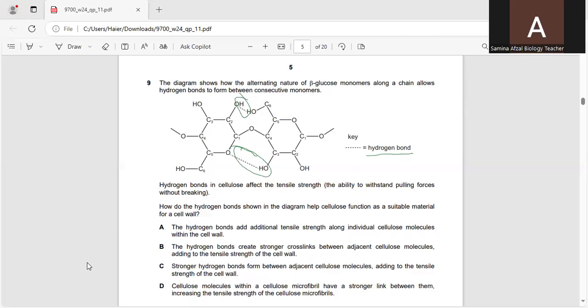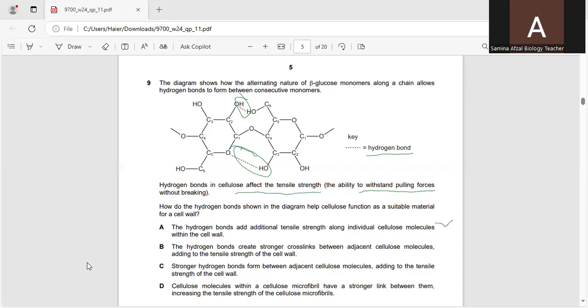Again, understand: hydrogen bonds in cellulose affect the tensile strength to withstand pulling forces without breaking. It can be a correct option because this is true. That is, the hydrogen bonds provide the additional tensile strength along individual cellulose molecules.